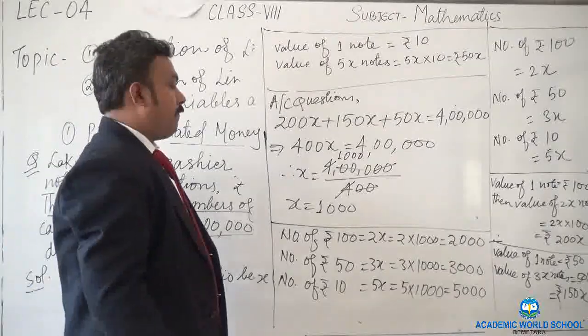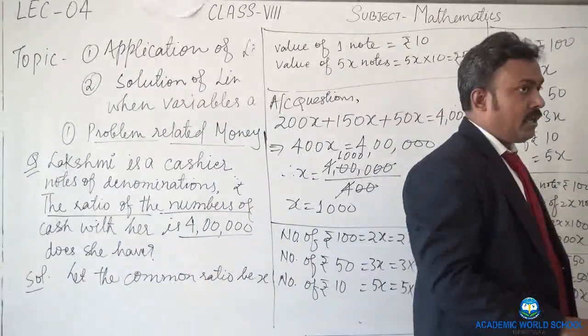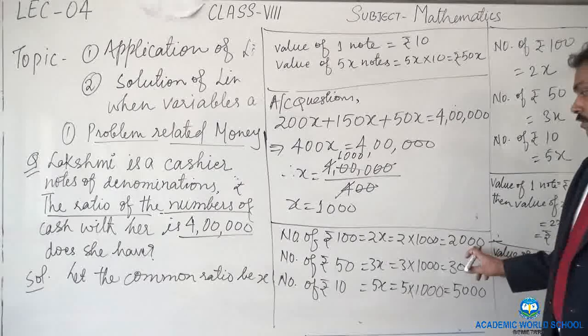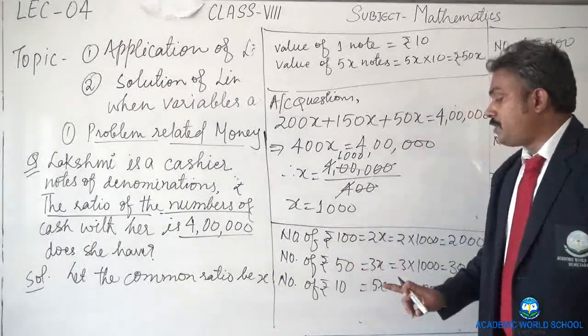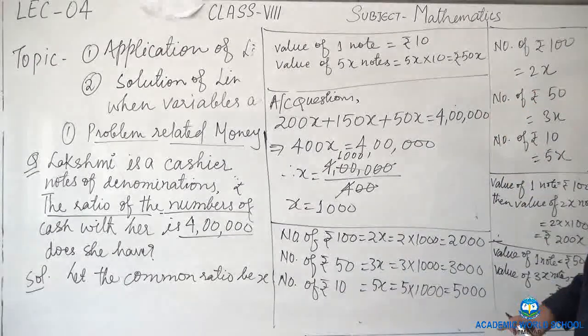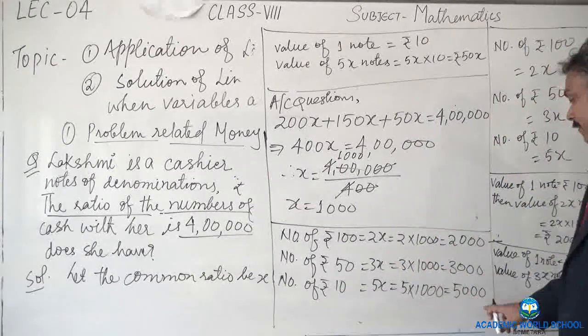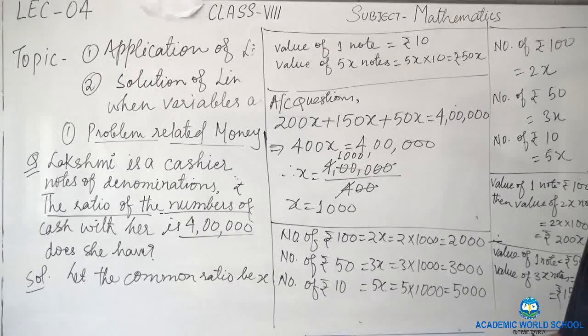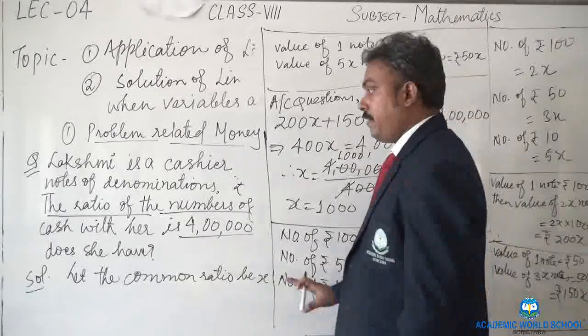So number of 100 rupees notes she is having is 2000. Number of 50 rupees notes she is having is 3000. Number of 10 rupees notes she is having is 5000, right? So this is what we had to find.